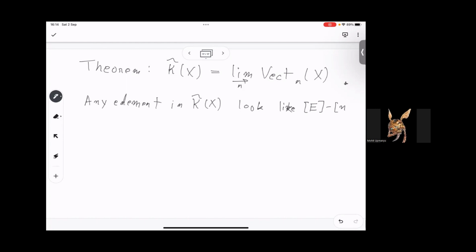Since Kx is a quotient, it will obviously be a class of these. But K tilde X is by definition when we went modulo trivial bundles. So that means this guy is in fact 0 in K tilde X. So any element of K tilde X looks like the class of a vector bundle. That's what we have concluded.